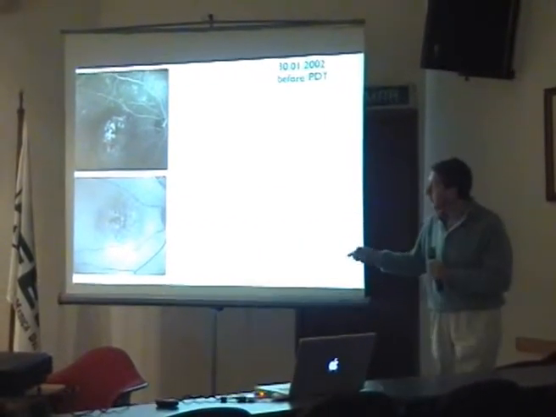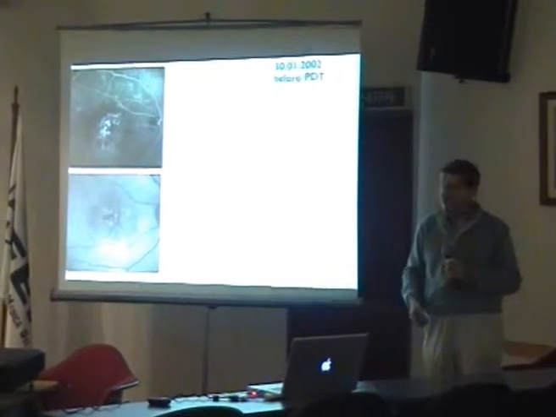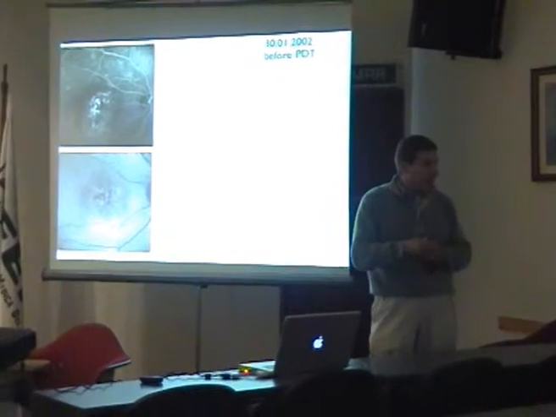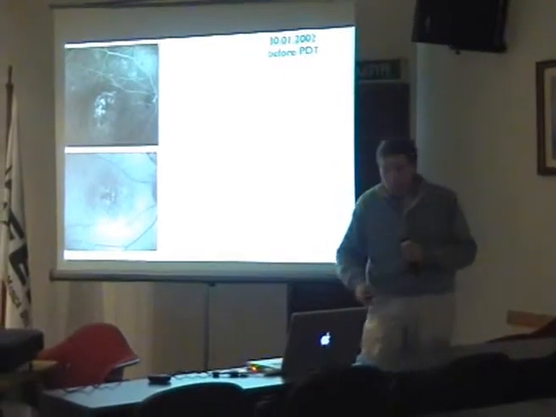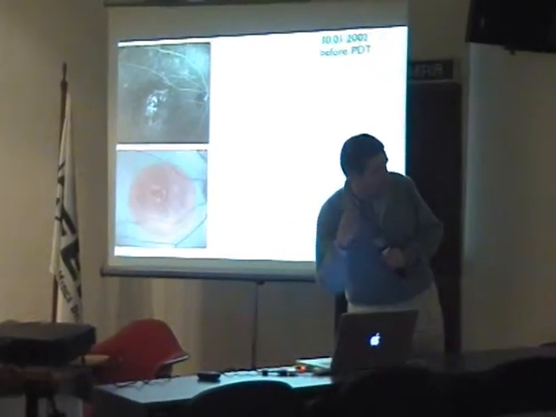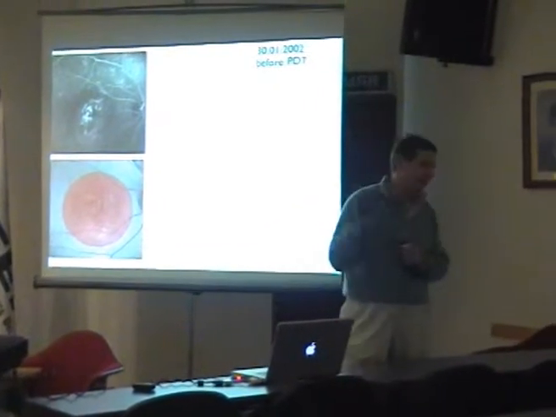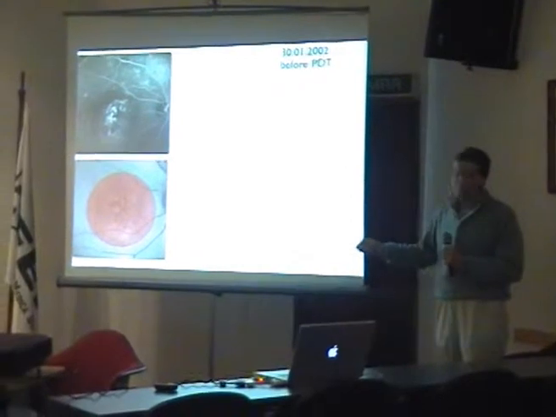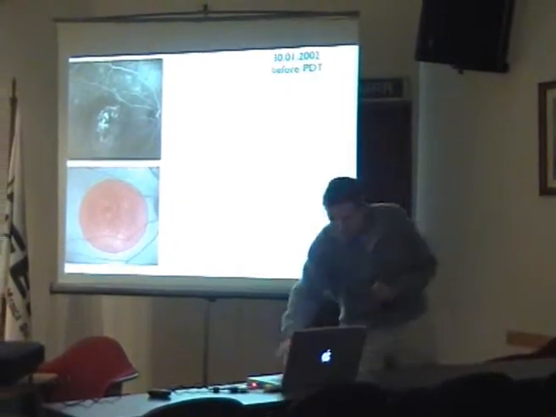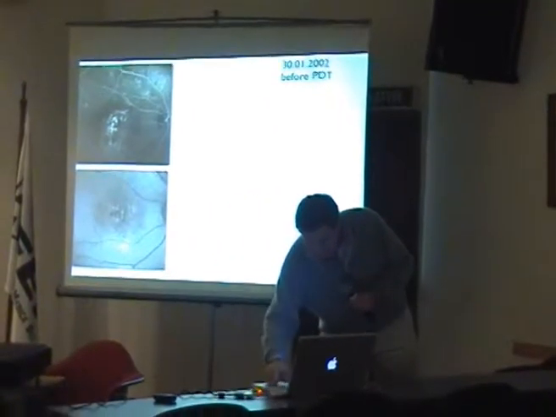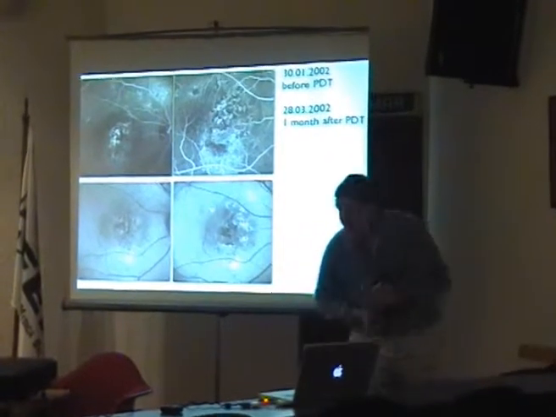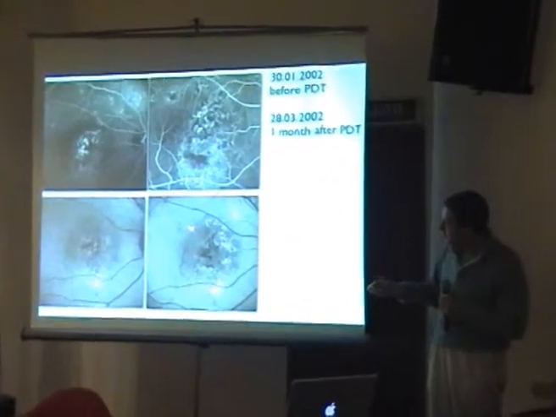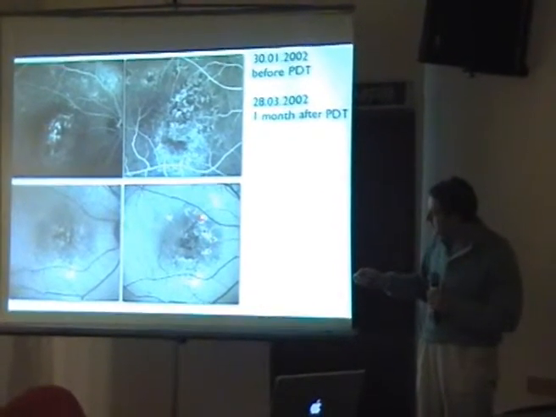Before photodynamic therapy in chronic central serous, someone suggested to use PDT for decreasing the fluid, and we did once. It's the only one that I did, because after that I never do it again. This was the spot that we used. And 1 month later, you see that there is an increase of fluorescence here, here, here.